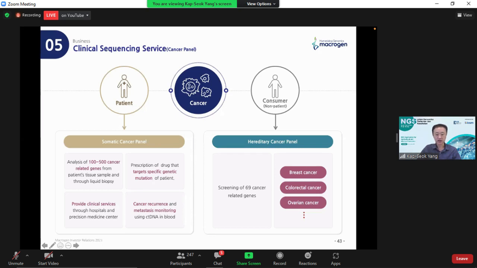We also have non-patient and consumer hereditary cancer panel screening products as well. Among these, our bestseller is the BRCA testing.